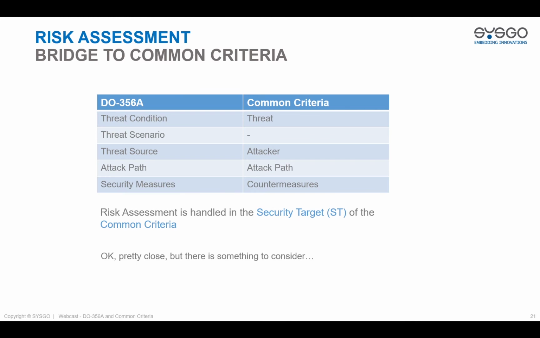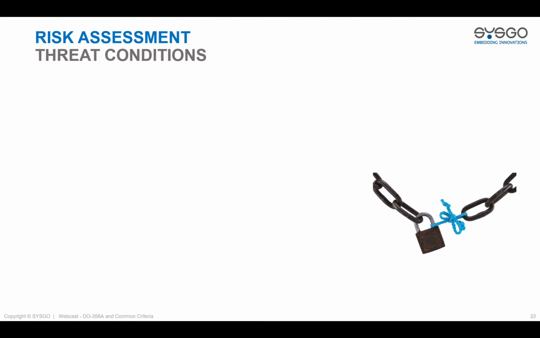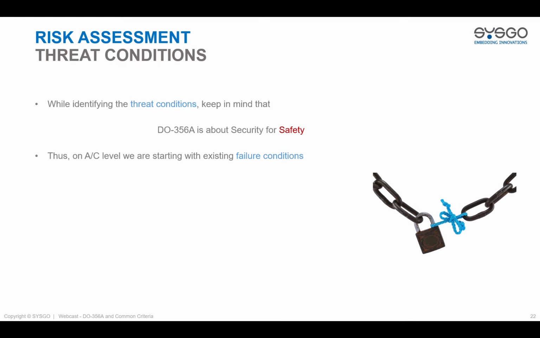DO-356A, but there is something to consider. While identifying the threat conditions, we always have to keep in mind that DO-356A is about security for safety. That means on aircraft level, we start with the existing failure conditions we already know from the safety standard threat evaluations.